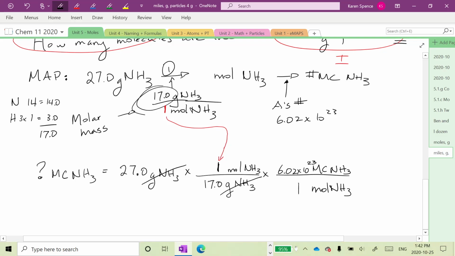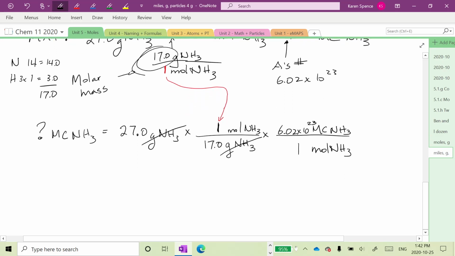How did I know to put the 6.02 times 10 to the 23 on the top and not on the bottom? I knew because I can either have mole or I can have 6.02 times 10 to the 23. I cannot have both. Okay, so let's do this math. 27 divided by 17 times 6.02 times 10 to the 23, and we get 9.56 times 10 to the 23 molecules of NH3.